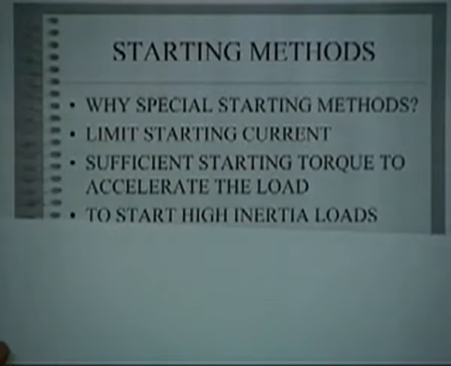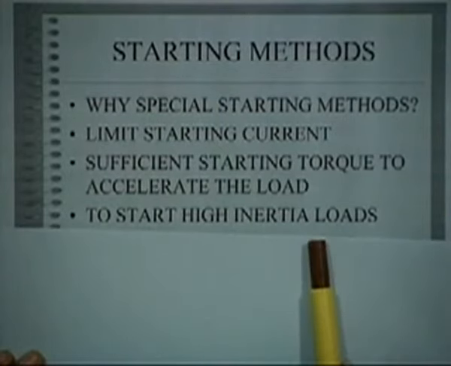There may be some which require very high starting torque, so you must have that characteristic or some mechanism to do it. So the starting of the motor is very, very critical. There should be sufficient torque to accelerate the load, and you must be capable of starting high inertia loads. If it is like a flywheel or high rotating bodies, then it will have a high starting torque and a sustained starting time.